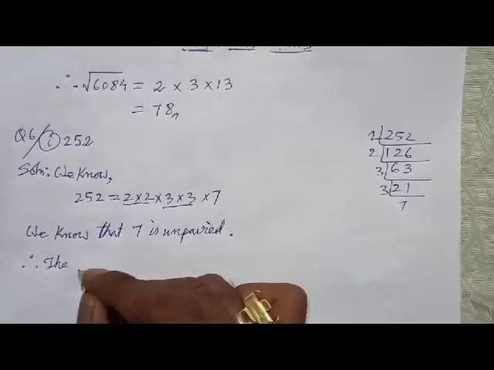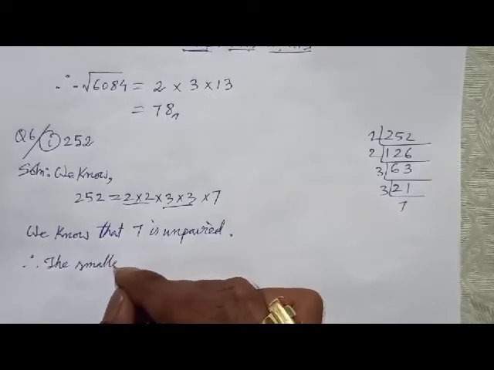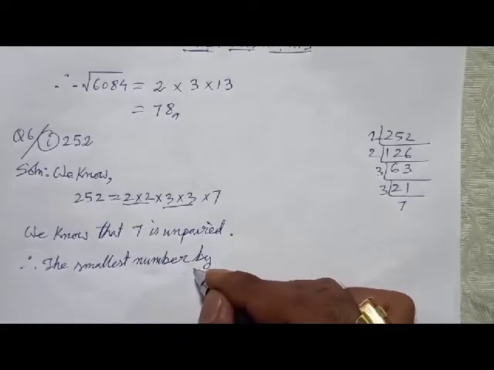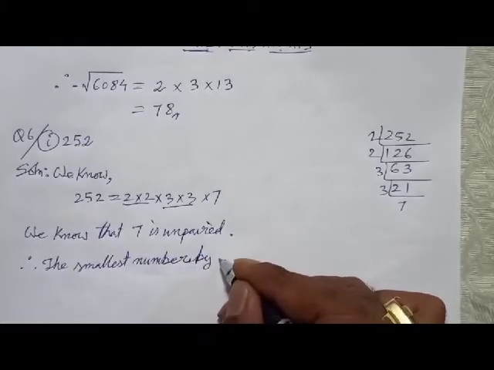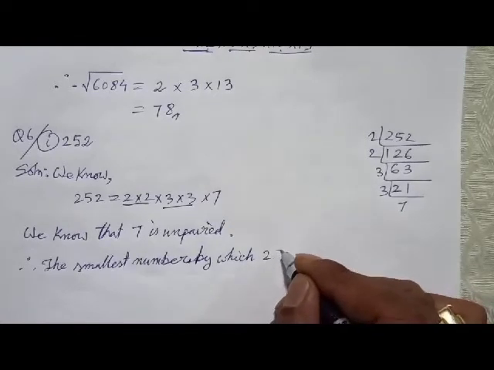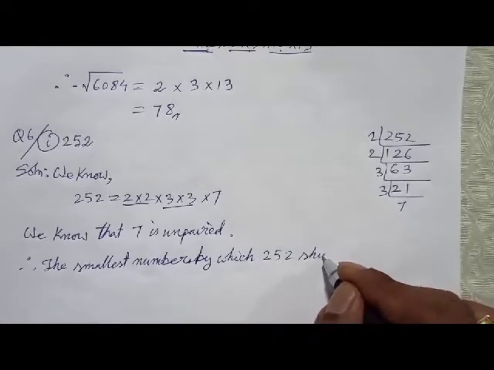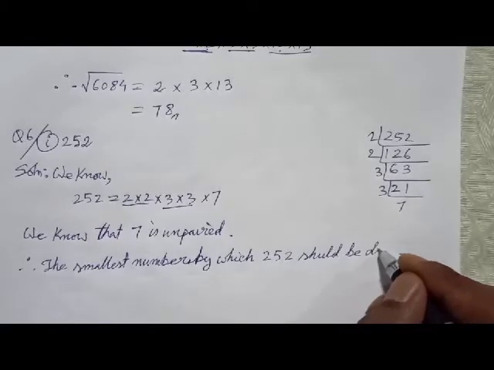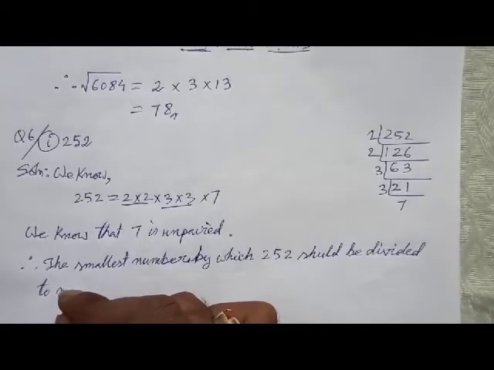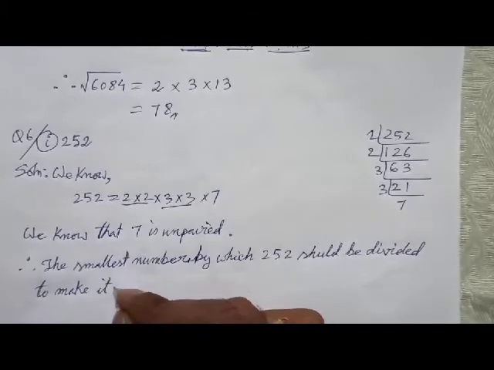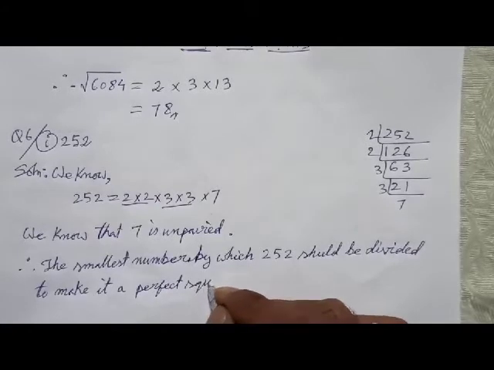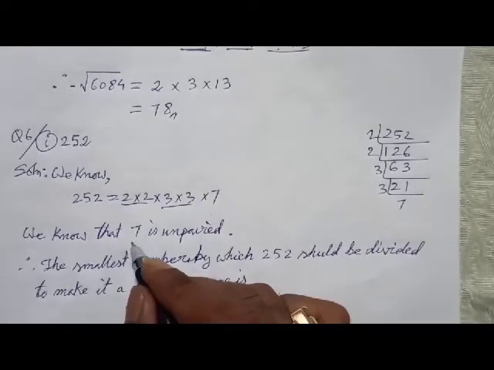Therefore, the smallest number by which 252 should be divided to make it a perfect square is this number 7.